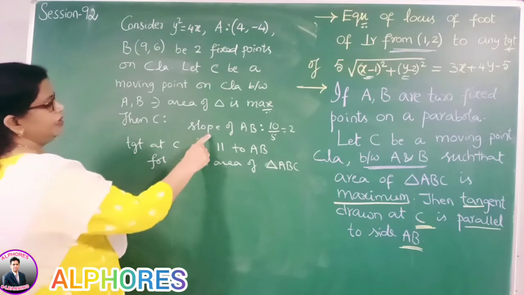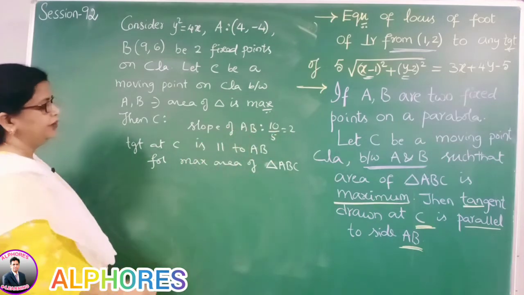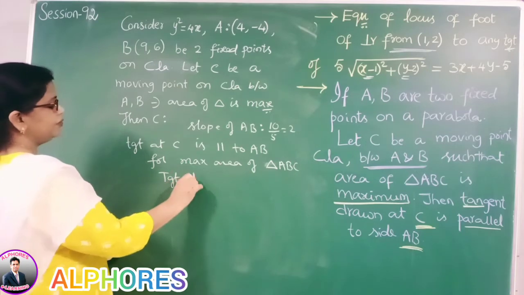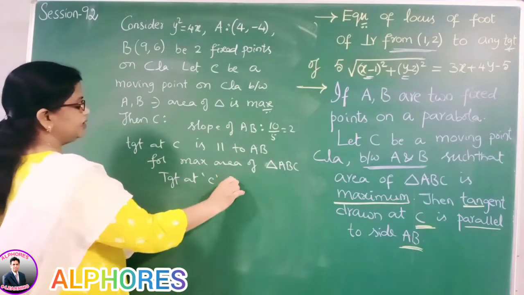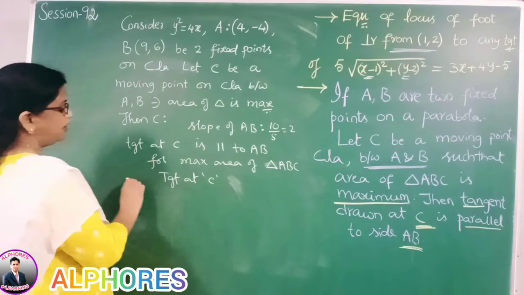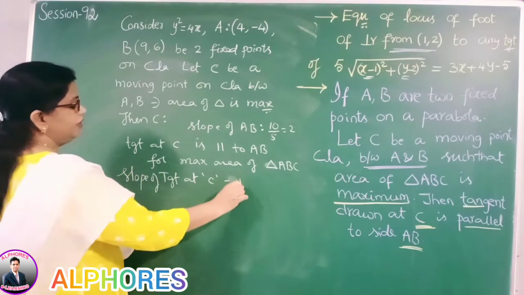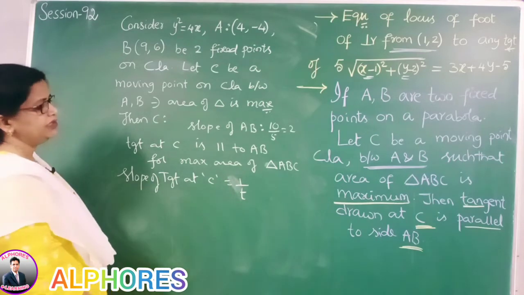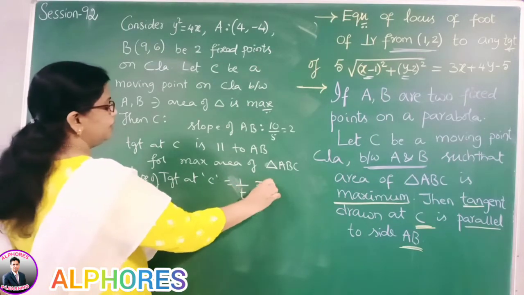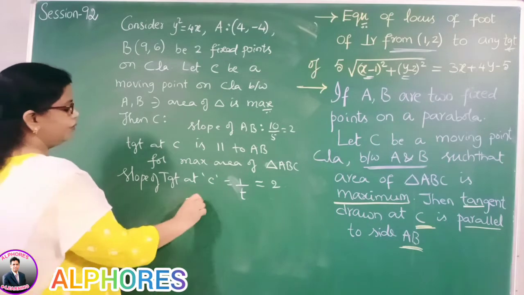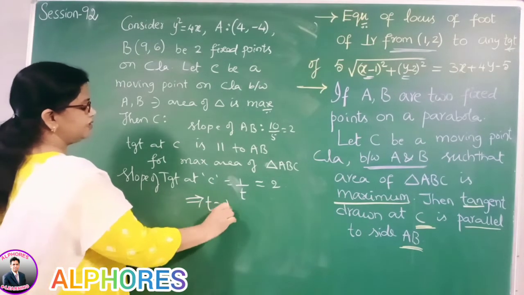Now you got the slope of AB is 2. Now what about the slope of the tangent at C? The slope of the tangent at C is nothing but 1 divided by t. It is 1 by t, and that 1 by t value you got is 2. Then what is the t value here? It is 1 by 2.